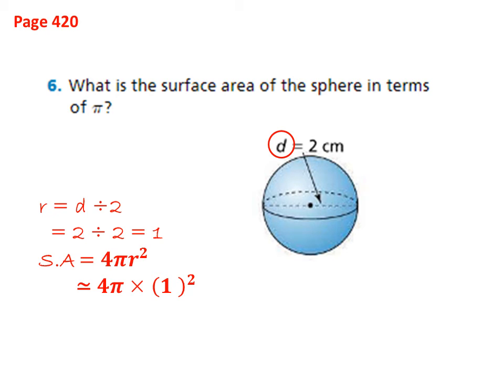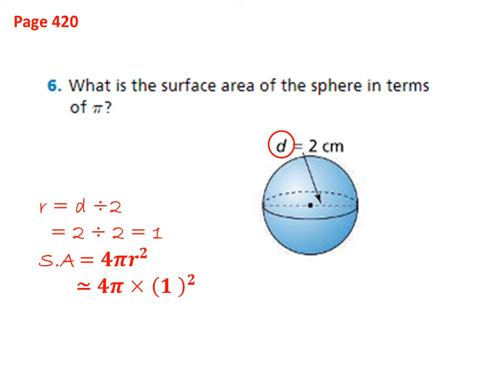So pi stayed the same. Don't write any approximated value for pi. Pi here equals pi. Remember, pi is an irrational number, and the fixed value of pi is called pi. 3.14 and 22 over 7 are approximated values for pi.